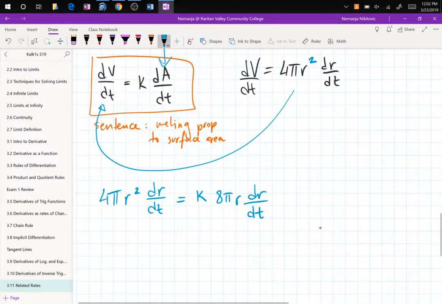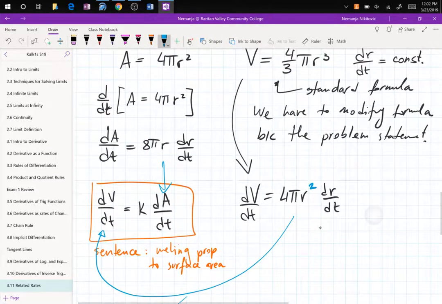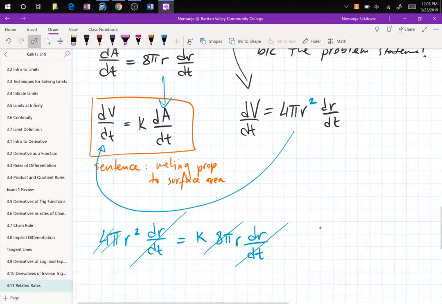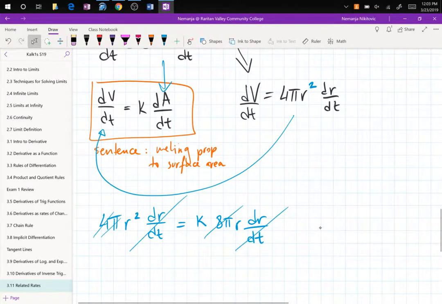I'm really not happy with this because these guys cancel, this cancels, this cancels, one of the R cancels, and I get that R is equal to 2K.